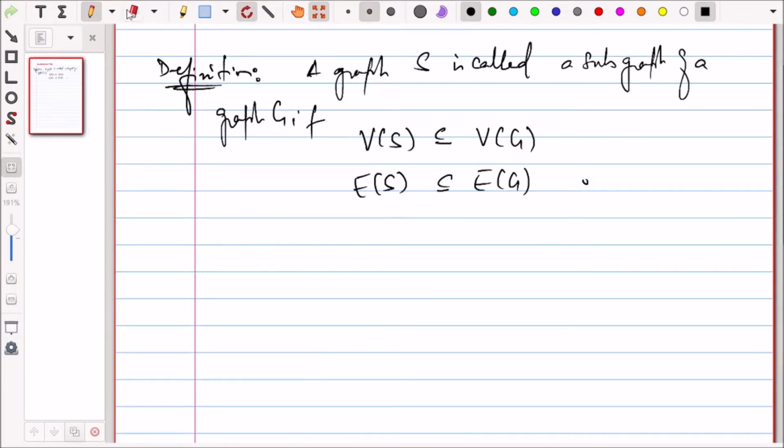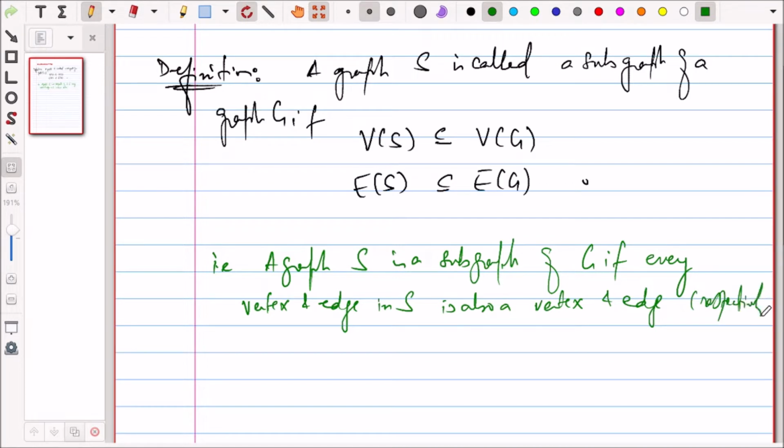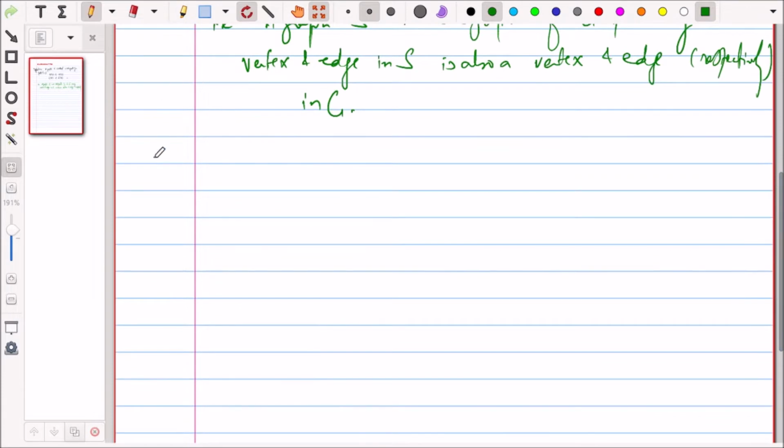So that is, a graph S is a subgraph of G if every vertex and edge in S is also a vertex and edge respectively in G. Okay. Now another definition.